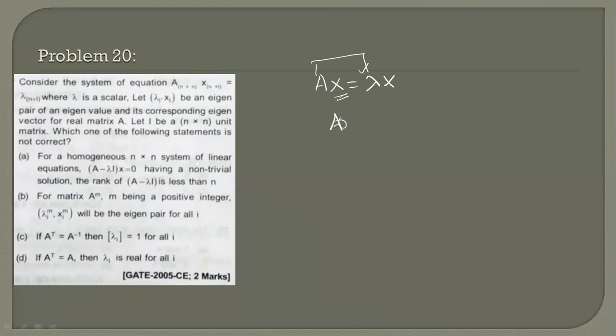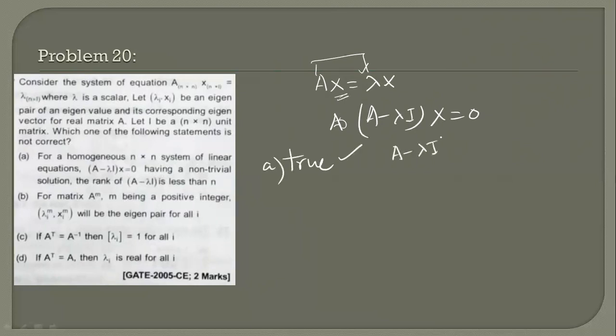For a homogeneous n cross n system of linear equations (A minus lambda I) x equal to 0, for a non-trivial solution, the rank of A minus lambda I is less than n. It is true, because for a non-trivial solution, the determinant of A minus lambda I equal to 0. That's why the rank is always less than n. I have discussed it in my lecture 10.